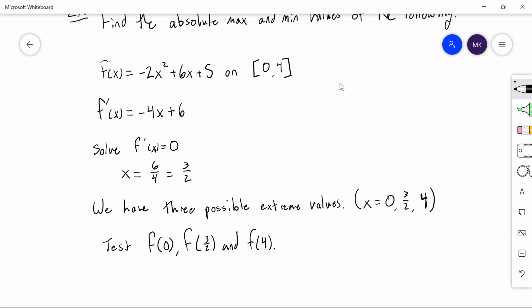So to do that, we're just going to use our calculator. We have negative 2x squared plus 6x plus 5. Go to my table.